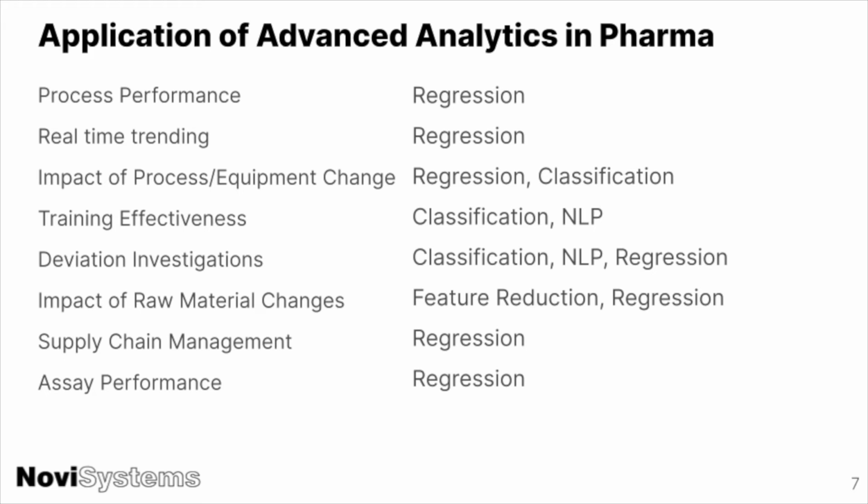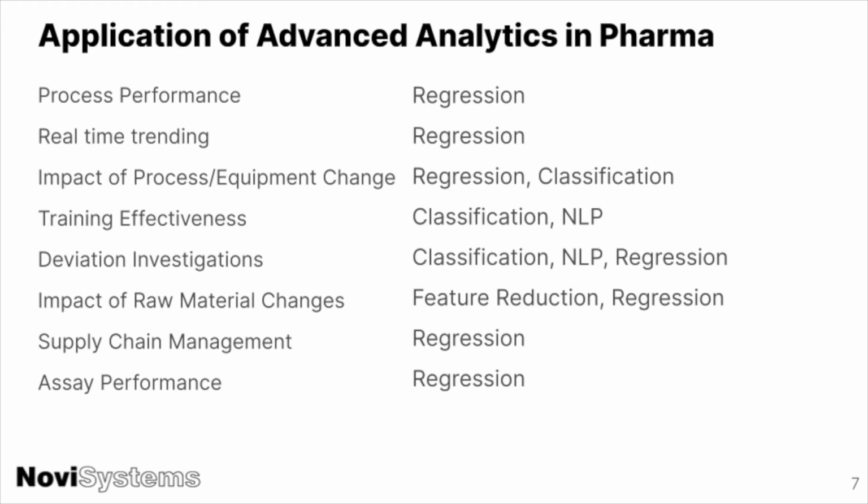Do I know how the people have been trained, and can I look through the documentation using NLP and determine whether or not, by changing something such as an SOP because of a deviation, I in fact have accomplished my goal?